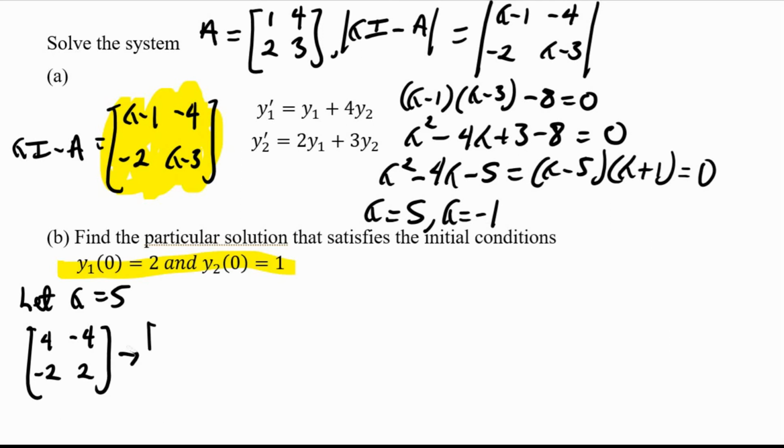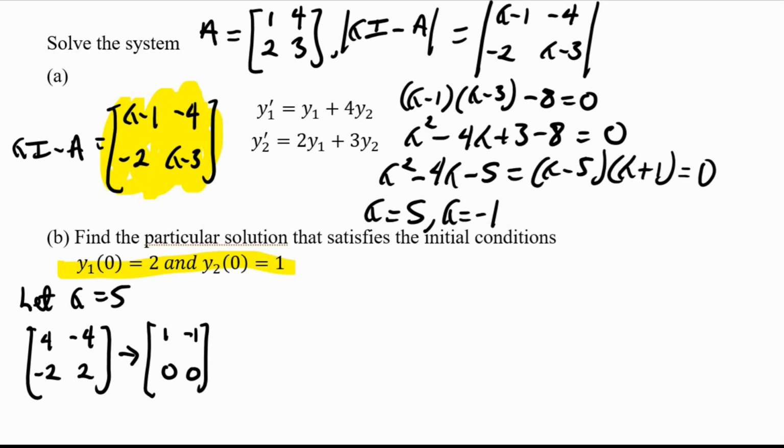Reduce this. So in reduction, I interchange rows 1 and 2, and then I canceled out the second row, and then I divided the first row by a negative 2, so I end up with 1, negative 1, 0, 0. On your calculator as well, you get the same thing.